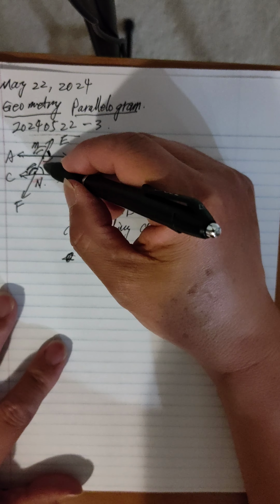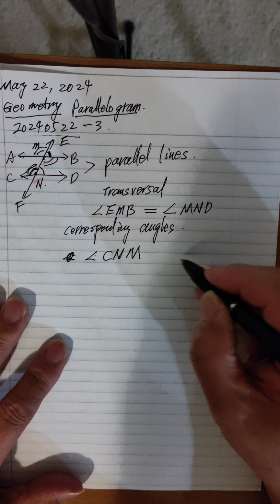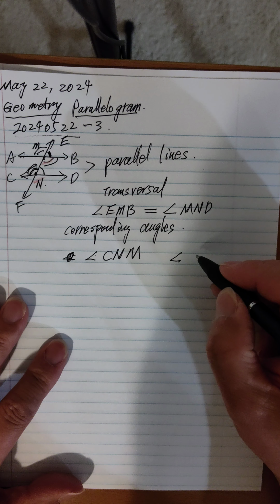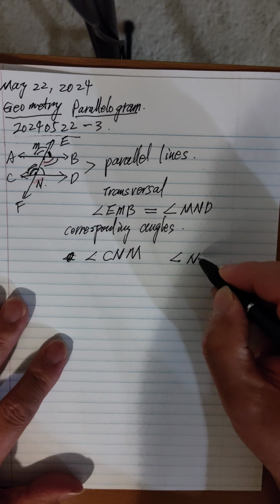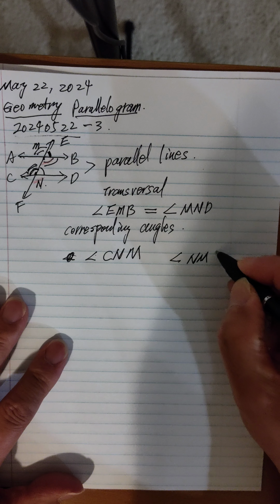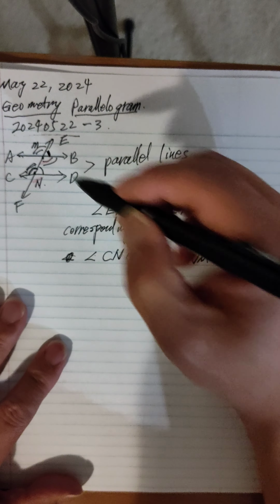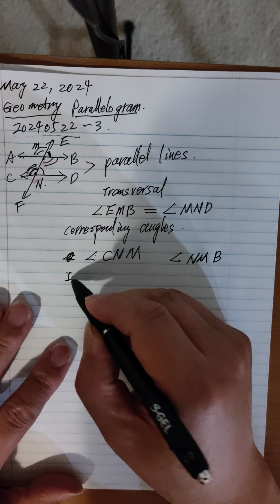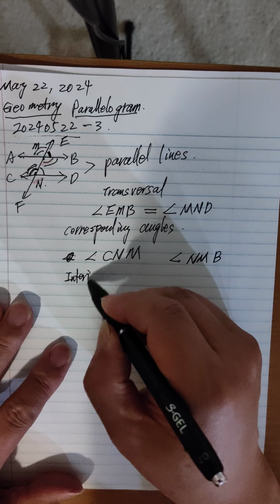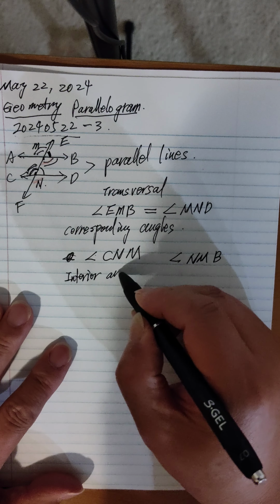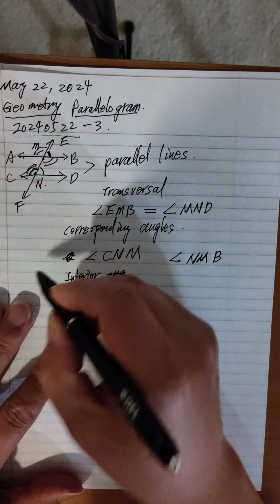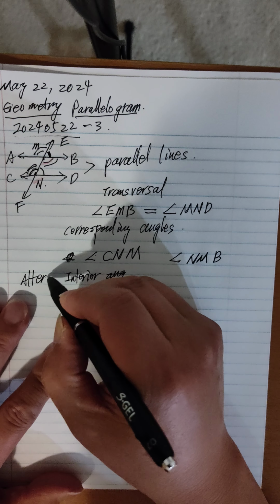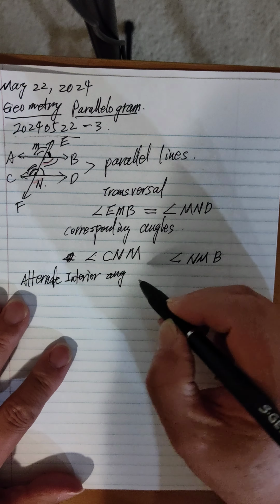And then this angle, the angle NMB, the angle right here. Those two angles are called alternate interior angles.